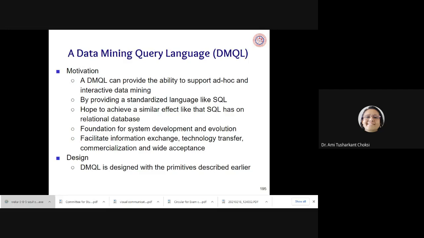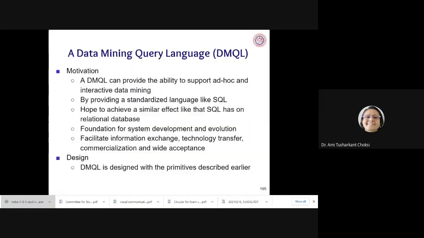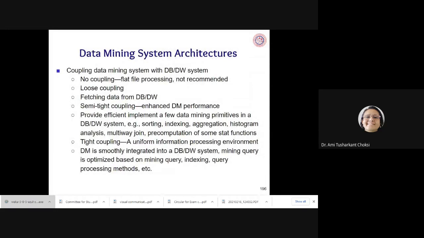DMQL is designed with the primitives, which we have just described in the previous slide, what we have talked of. Let us see the language and syntax a little bit later. Or you can search in Google for that, in detail, if you want.